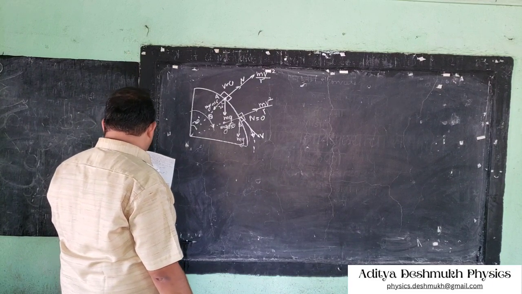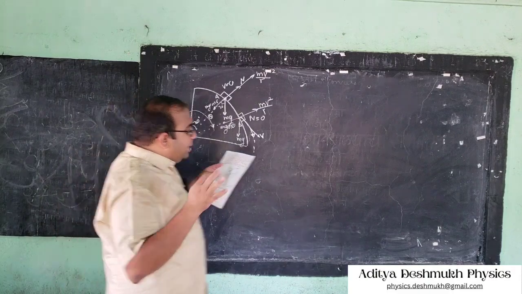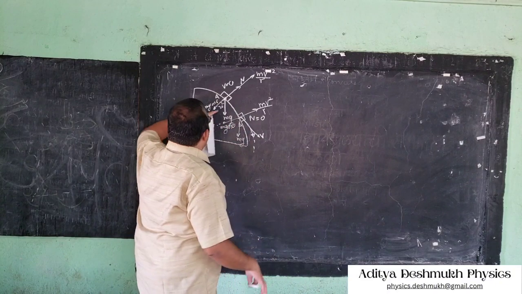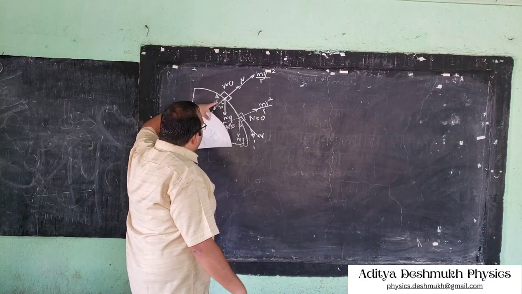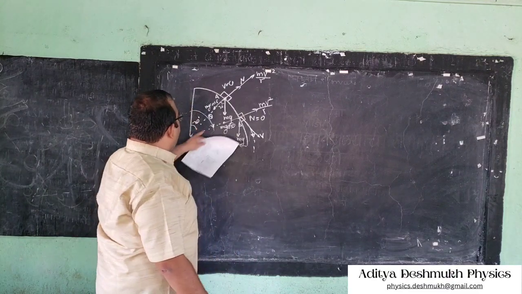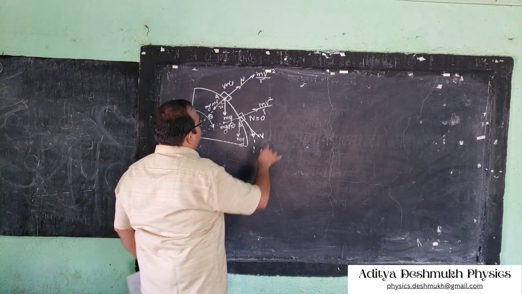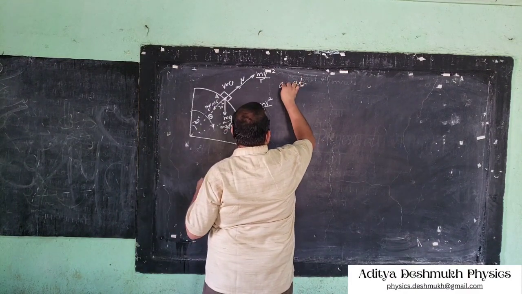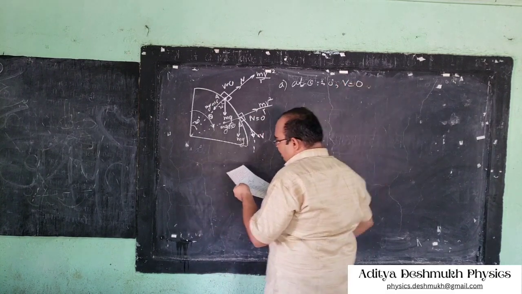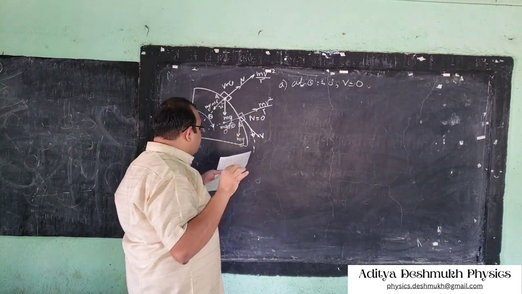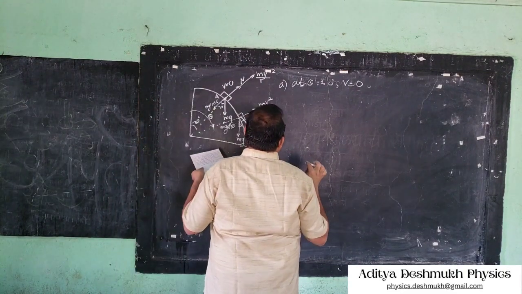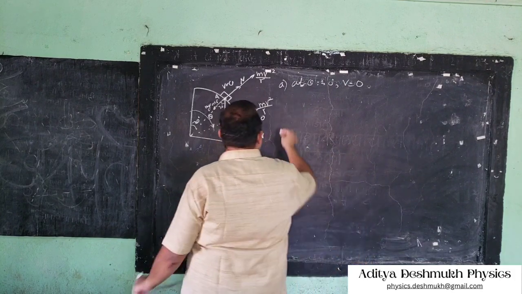So first of all, I have to calculate the force exerted by the sphere on the box after release. That means at theta equal to 30 degrees, I will have to find the contact force, which is nothing but the normal force. So what will I do? I will just take radial force balance. At theta equal to 30 degrees, v is 0 because it is kept at rest and released. That means it was at rest at t equal to 0.